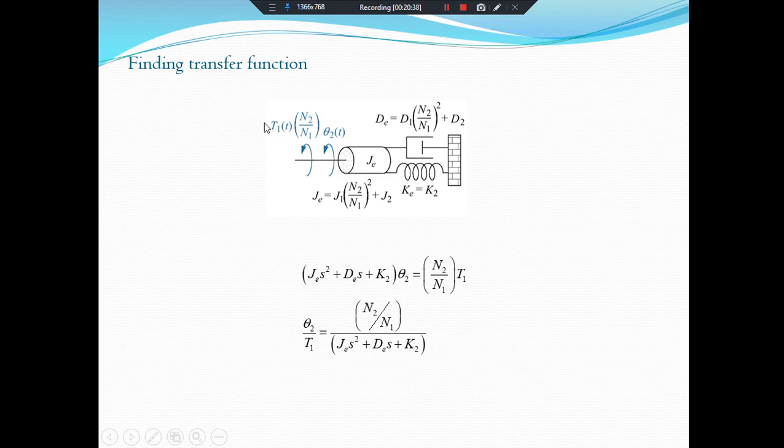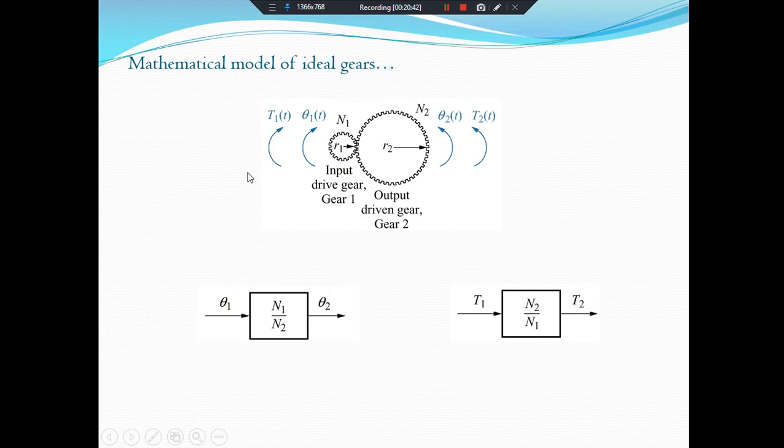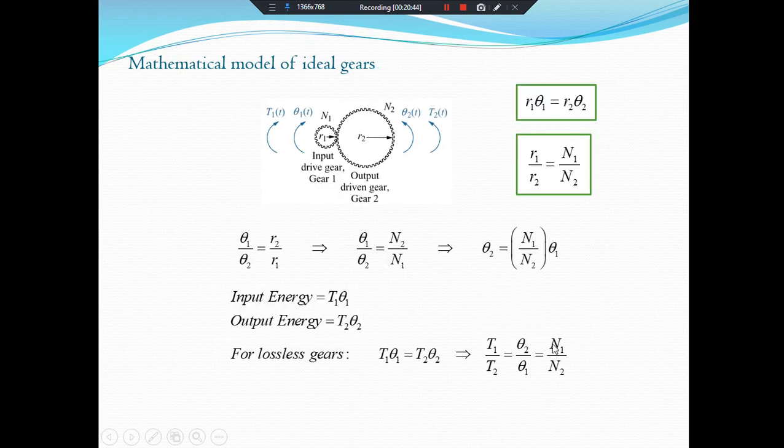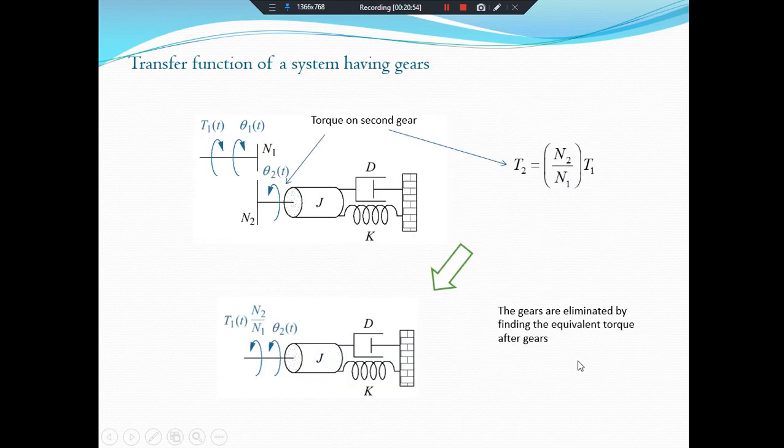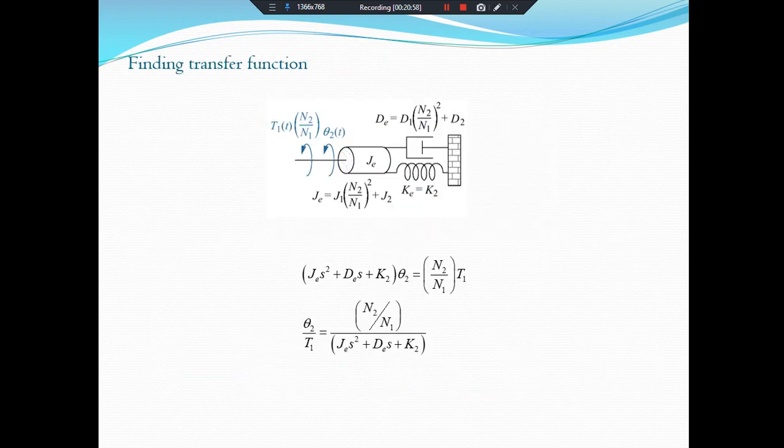From this slide, T1 by T2 is equal to N1 by N2, and what will be the value of T2? T2 will be equal to T1 multiplied by N2 by N1, and the same we have written here: T2 is equal to N2 by N1 multiplied by T1.